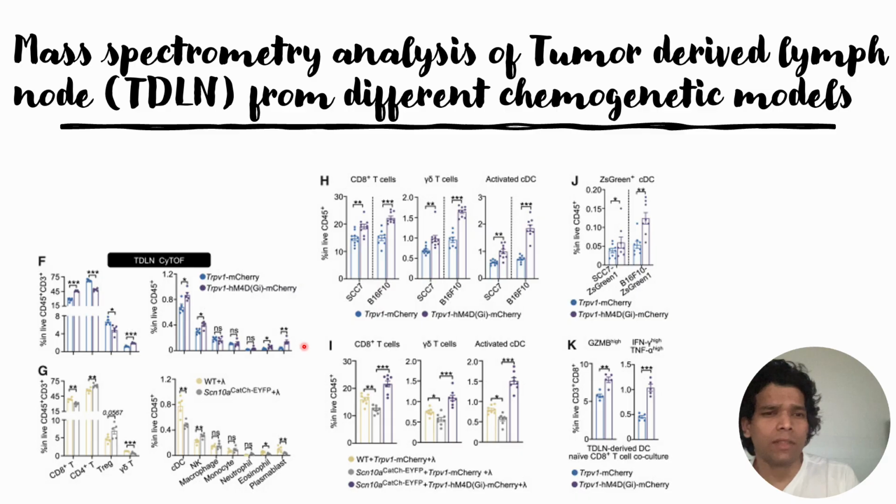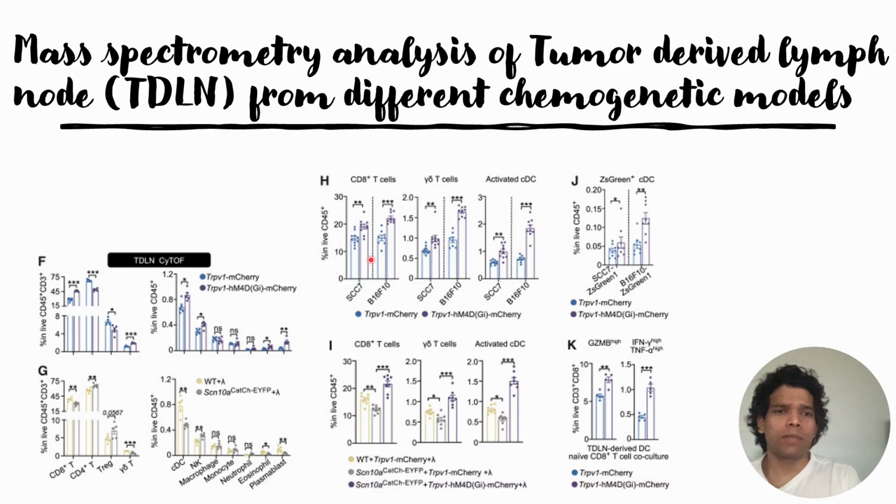And thereafter they checked these different immune cell types in mice that are injected with different tumors, that is SCC7 and B16F10. The results in panel H show the model where they use HM4DGI, the model that causes tumor suppression.